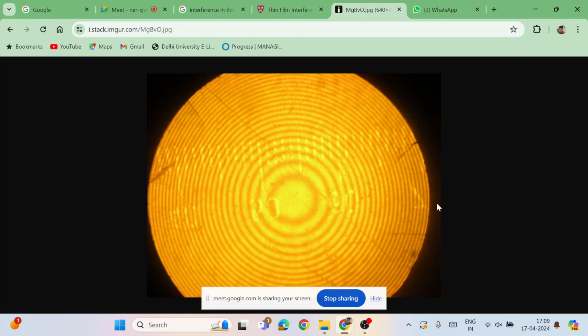In this, you can see the central fringe is bright and the first dark fringe आएगी, फिर first bright आएगी, फिर dark आएगी, फिर bright आएगी. And you can see even in this case, if n is increasing, the spacing between the concentric dark and bright fringes is decreasing. जो अभी हमने प्रूव भी किया था वैल्यूज डाल के, जैसे जैसे n का वैल्यू बढ़ता है, the spacing between the fringes will decrease.